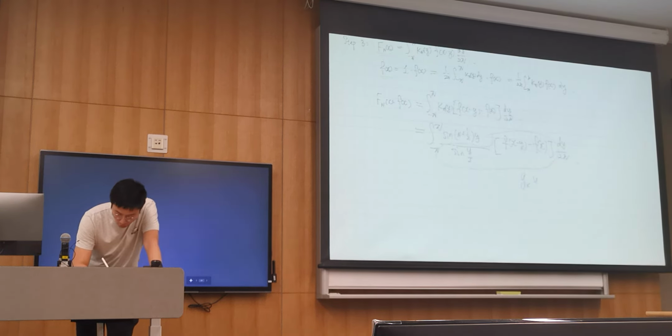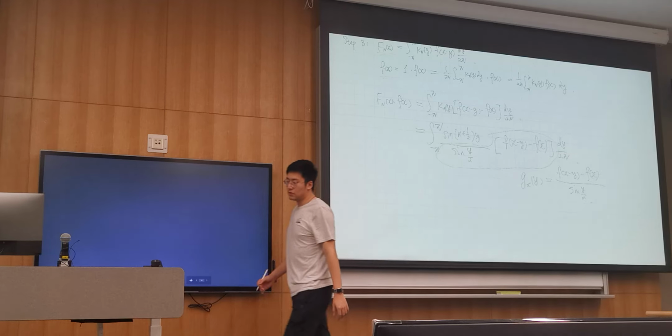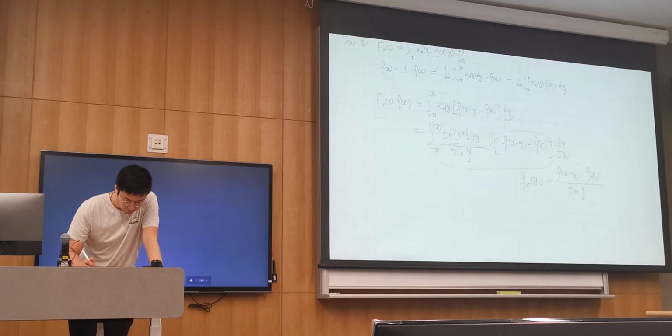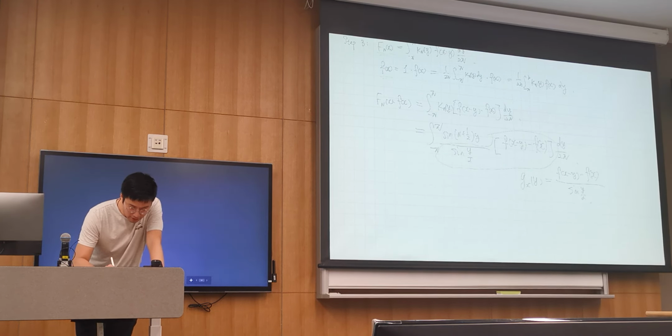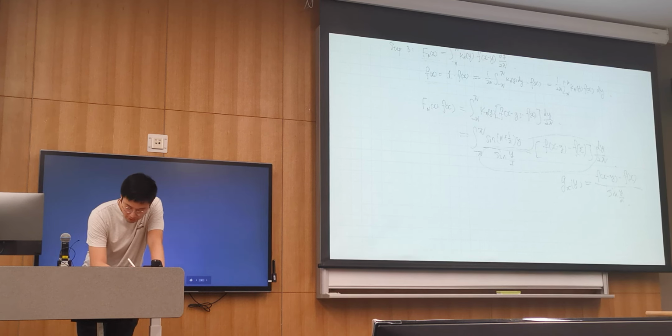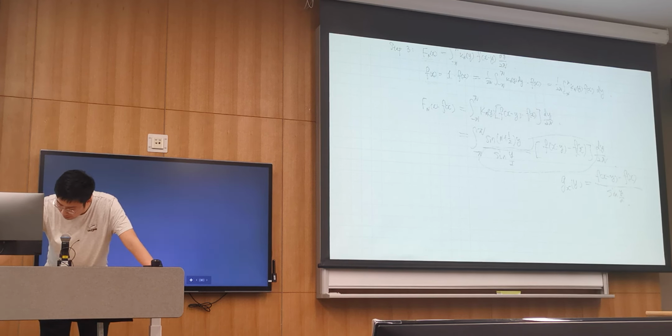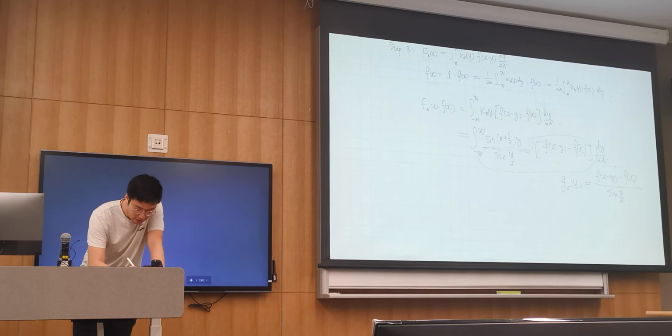So g(x,y) is a function of y, but with a parameter x. Every time I choose a fixed x, then g(x,y) is only a function of y. And that means my step number 4.